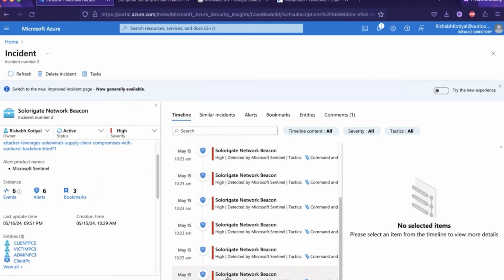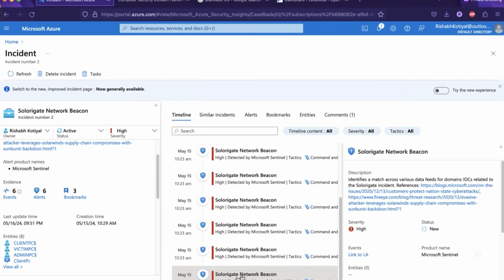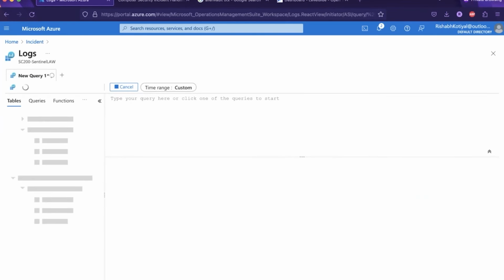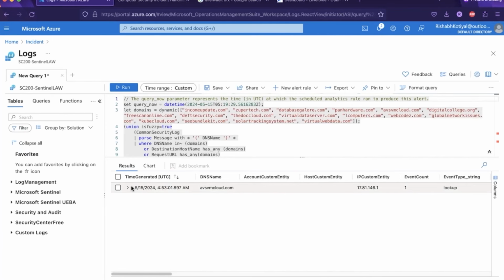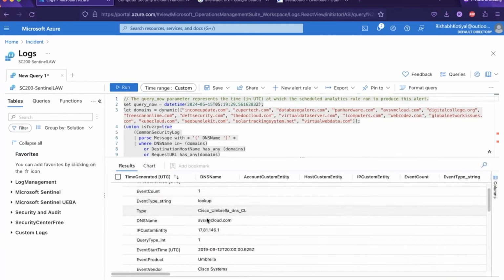First I got some alerts. When I went through the logs, I was trying to see what these logs were all about, and I found some DNS names and IP addresses. These were some of the indicators of compromise.